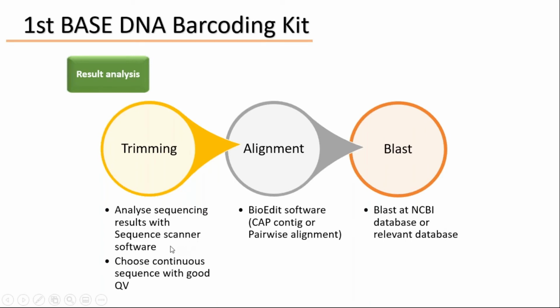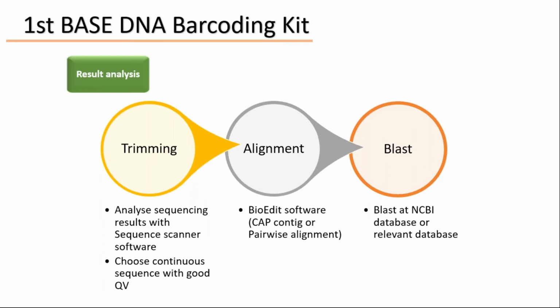So analyze the sequencing result with the Sequence Scanner software provided by ABI. It's free software. You may download it from the result email that we provided. Just register, very simple, and then choose the CRL, which is the good QV bar length sequence that we can see from the electropherogram.